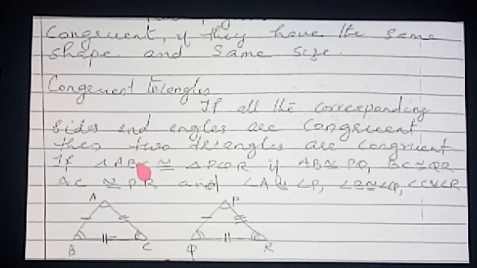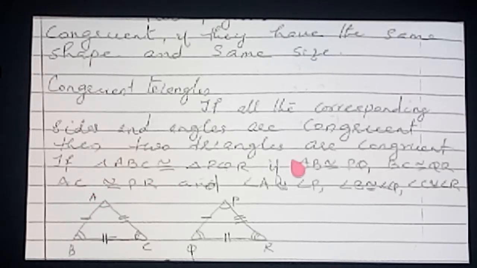If triangle ABC and triangle PQR are congruent, what are the two conditions? See here, AB and PQ are corresponding sides because they are in the corresponding position. BC and QR are also in the corresponding position. AC and PR are also in the corresponding position.